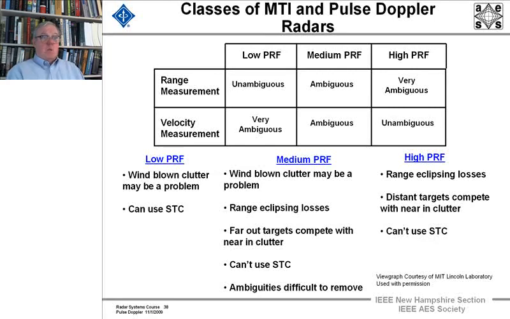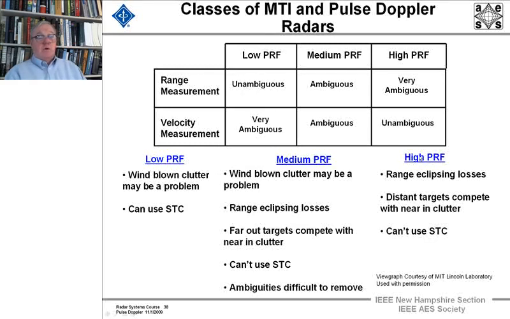But depending on the waveform and how we choose that burst waveform and process it, wind-blown clutter may be a problem. And we can use sensitivity time control, STC, because we're unambiguous in our range measurement.